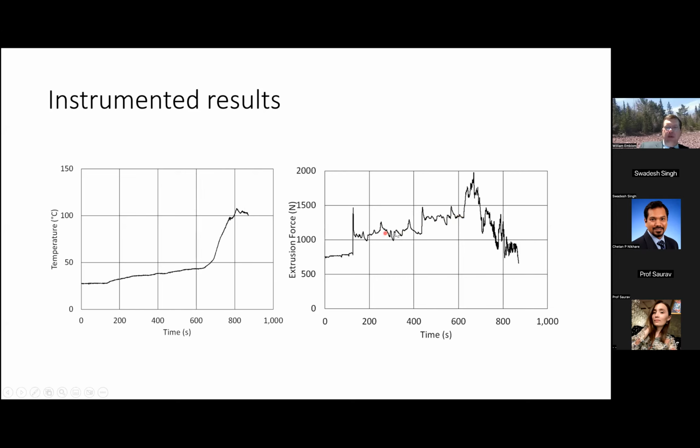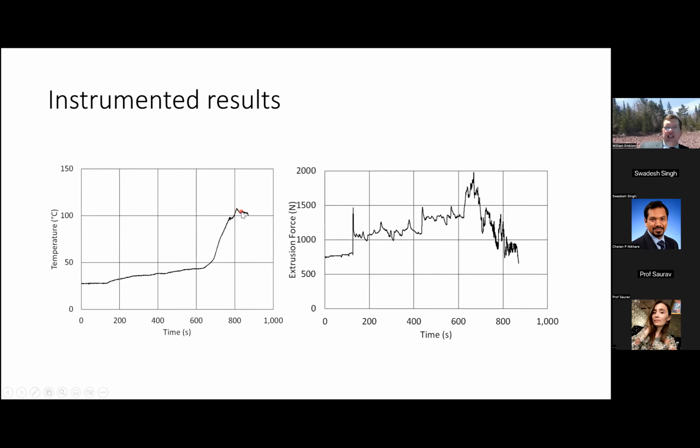That's actually because we were manually controlling the plunge and trying to keep the plunge rate constant by turning a crank. So there was a significant amount of noise due to it being a somewhat manual process.